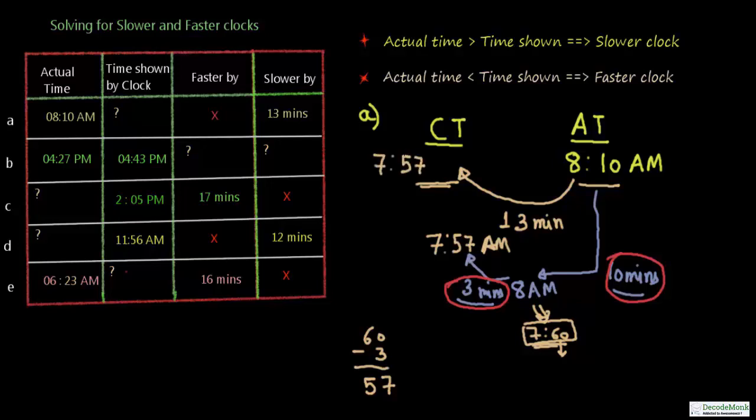So you can see that 7:57 plus 13 minutes will be equal to 8:10 am, and 8:10 am minus 13 minutes is equal to 7:57. So the answer to this question is 7:57 am.